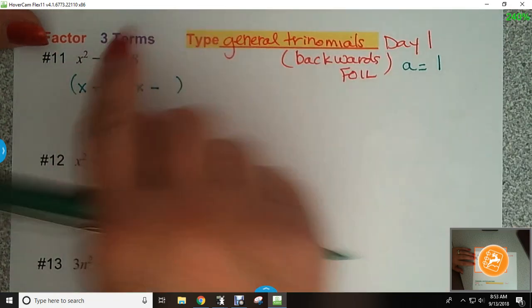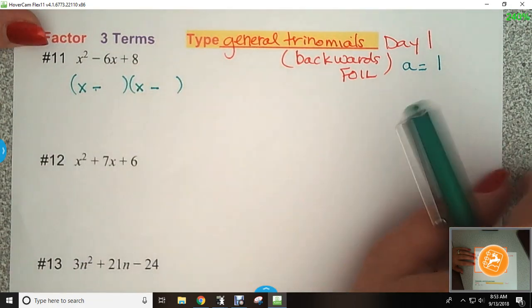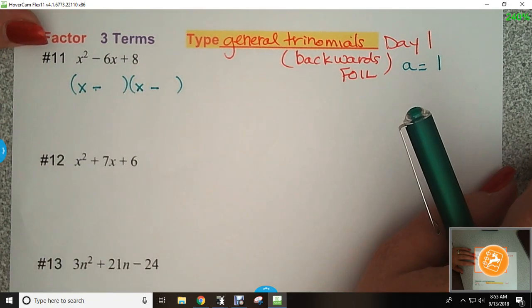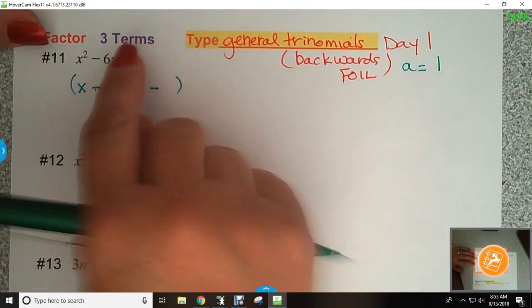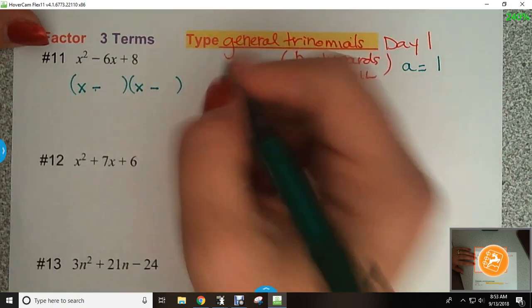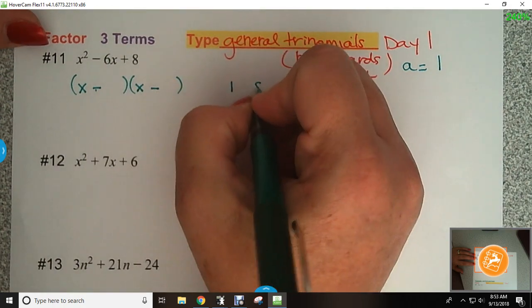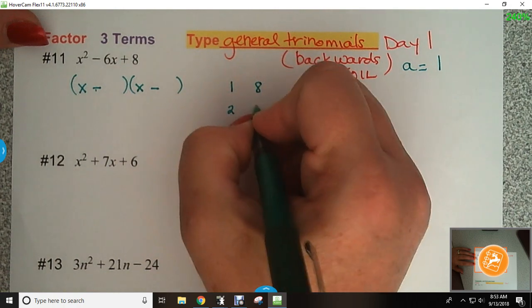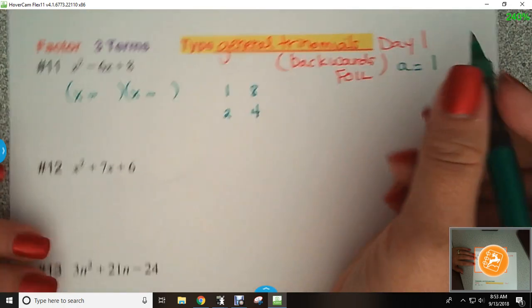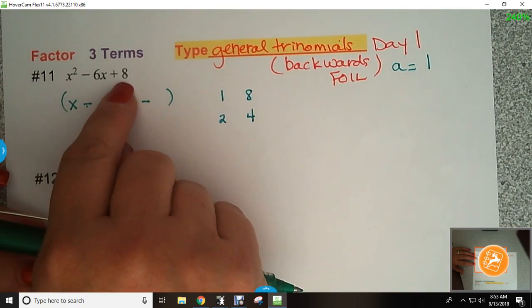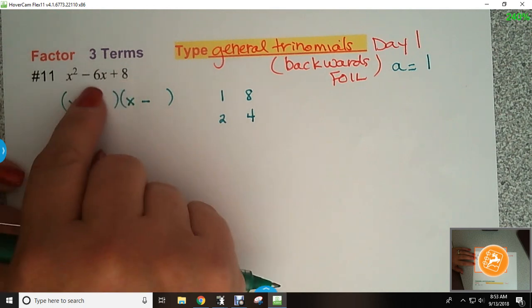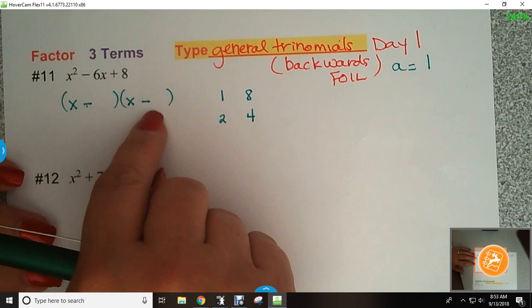And now here's the part that you have to work out a little bit harder sometimes than others. To multiply and get an 8, I can do a 1 and an 8, or I can do a 2 and a 4. Well, whatever multiplies together to be 8 also has to add to be -6. So here, both of these are negative.